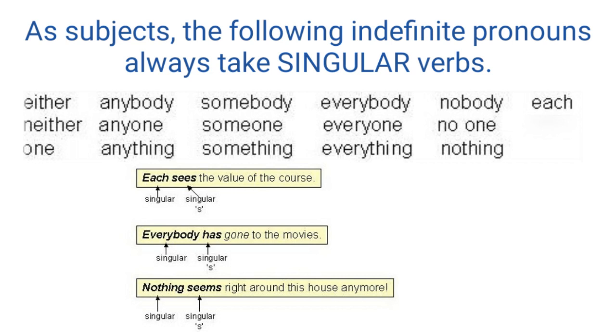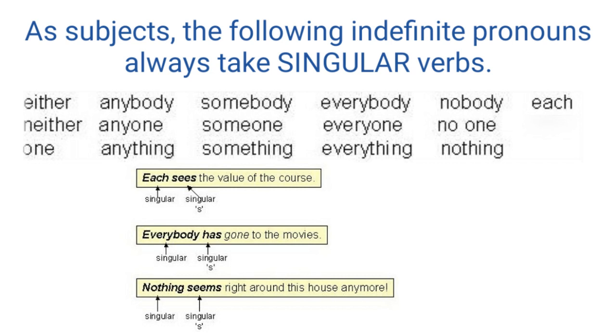Either, neither, one, anybody, anyone, anything, somebody, someone, something, everybody, everyone, everything, nobody, no one, nothing, each. All these subjects are considered singular, so we should use a singular verb.